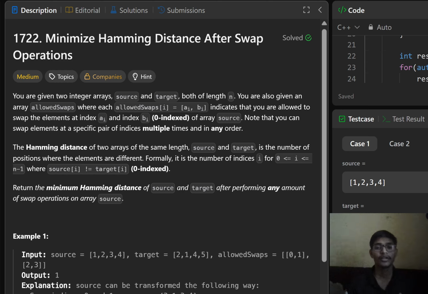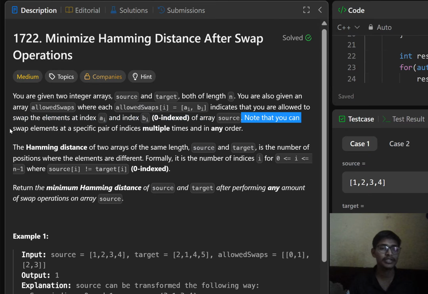Now, what is given after that? Indices that you are allowed to swap: the elements at index a_i and b_i. So these are the indexes which we can swap. Zero-indexed indices are given in this allowedSwaps. These indices belong to the source array and we have to make it match the target.